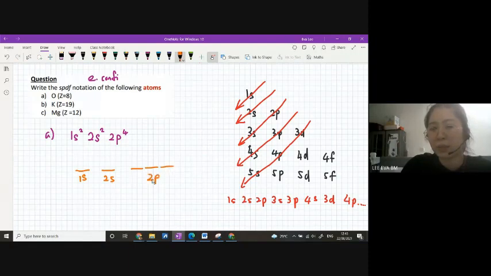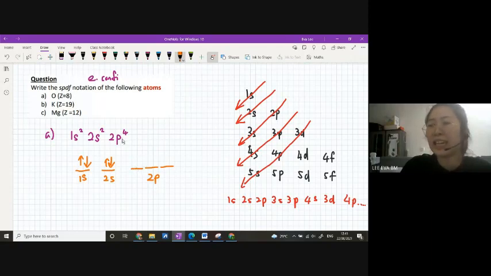So this is 2p. Do you see the difference between 1s, 2s and 2p? The gap is big because the energy levels differ a lot. But in the p subshell, -1, 0, +1, these 3, Madam puts them roughly close together because their energy level is the same. So close up the lines a little bit. You can also draw boxes, no problem. Okay, so how to fill in? 1s2, 1 up, 1 down. 2s, 1 up, 1 down. When you come to 2p, remember about Hund's rule.